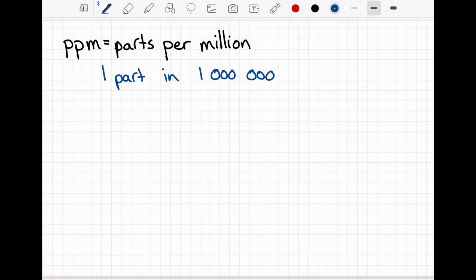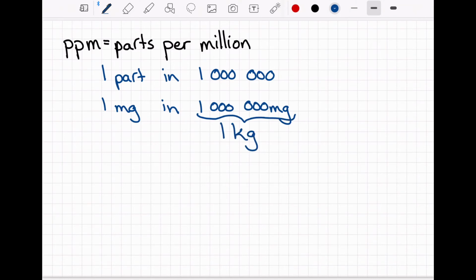If we put this into a mass unit, it would be 1 milligram in 1,000 milligrams. And if you go back to one of the first slides where we're talking about metric conversions, 1 million milligrams actually equals 1 kilogram. Okay?